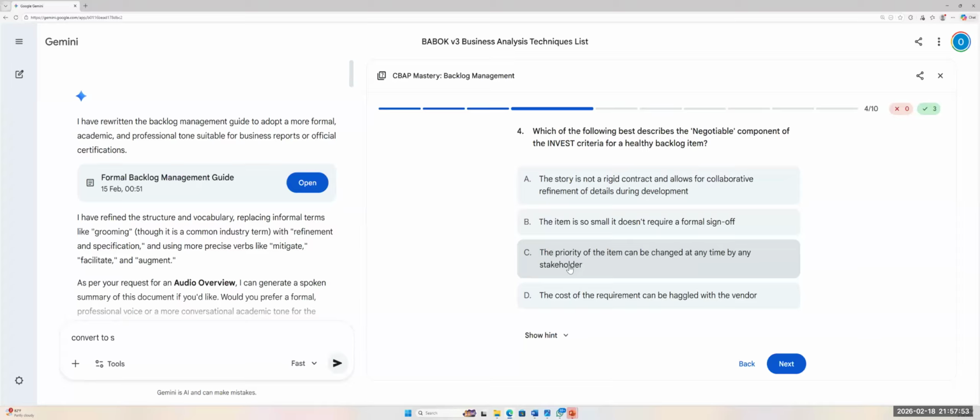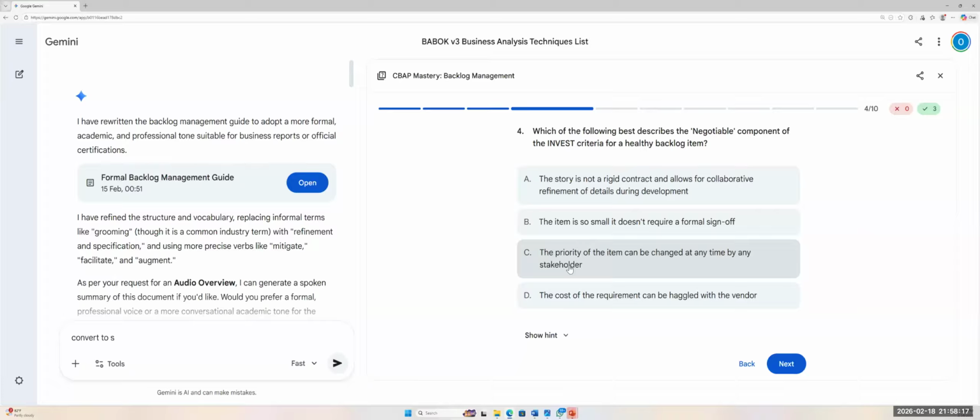So if you understand that, the question is now which of the following best describes the negotiable component of INVEST criteria for a backlog item. It says the story is not a rigid contract and allows for collaborative refinement of the detail during development.